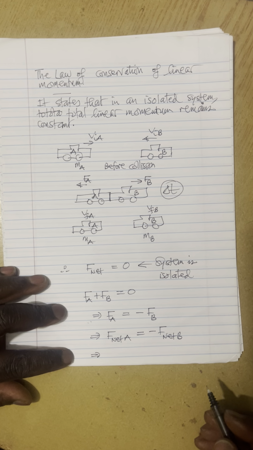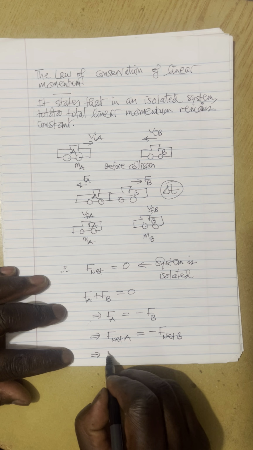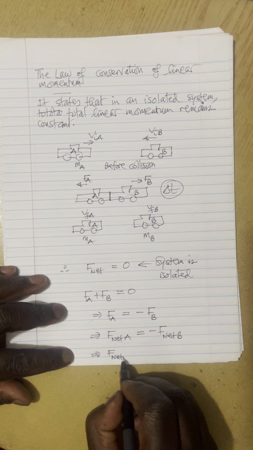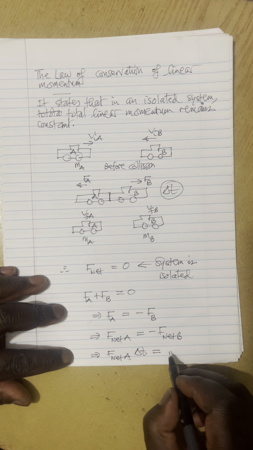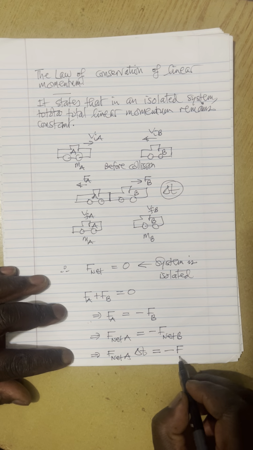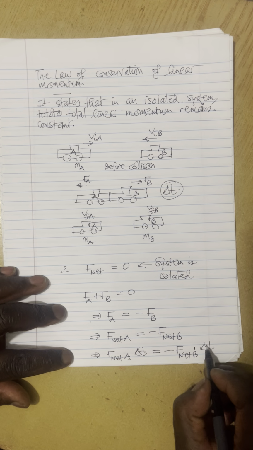Because I want to move to momentum. Remember, we're talking about the law of conservation of linear momentum here. So this is F net on A times delta t. What you do on one side of the equation, you do the same on the other side: minus F net on B times delta t.